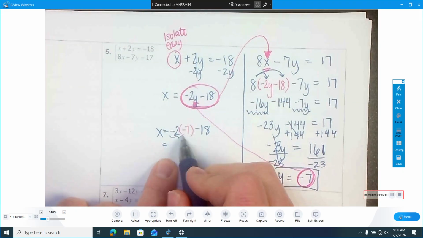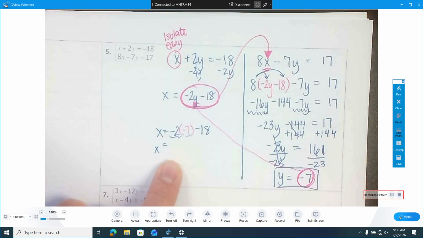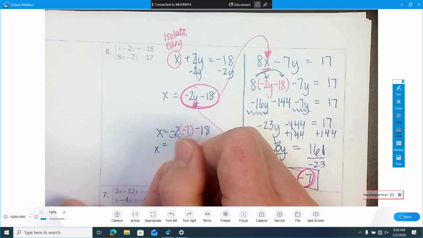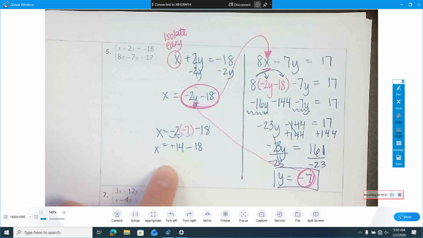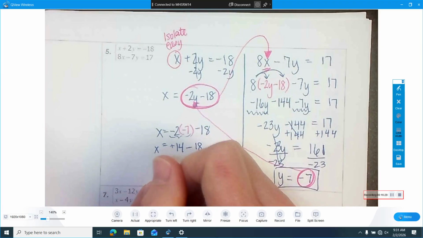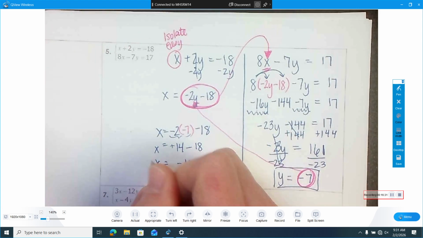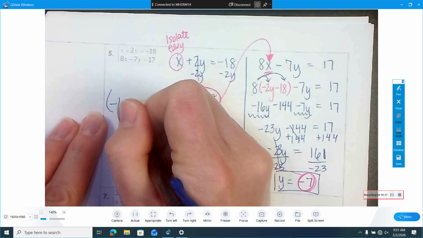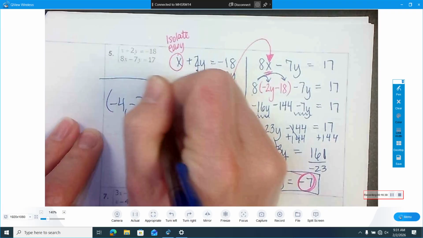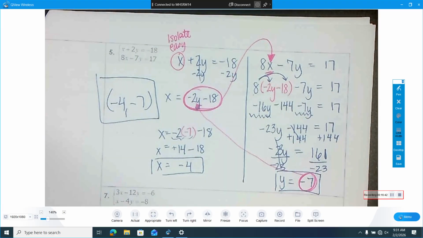What's negative 2 times negative 7? Positive 14. And here we have positive 14 and a minus 18. Who wins? Negatives by 4. Beautiful. What's my ordered pair? Yeah. Negative 4, negative 7 is our ordered pair.